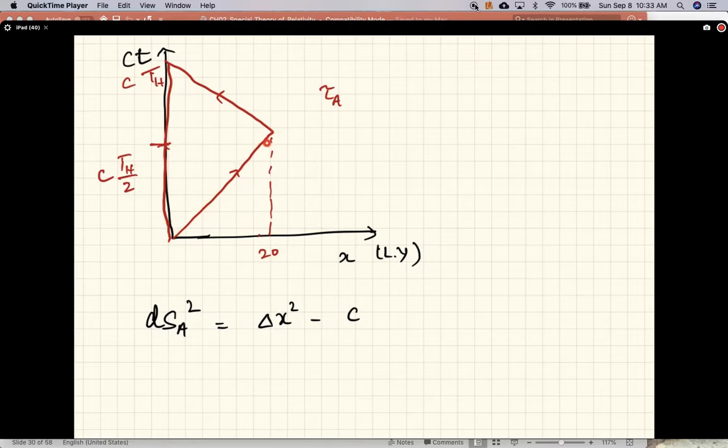The interval between these two points is this square plus that square: delta x squared, which is 20 light years, and c t_H by 2 squared. And this, of course, is the proper time for the astronaut.